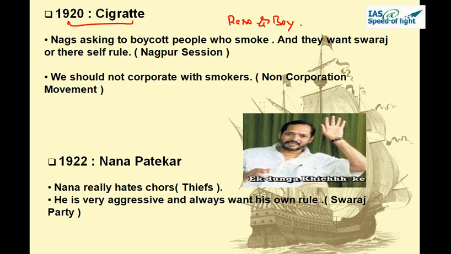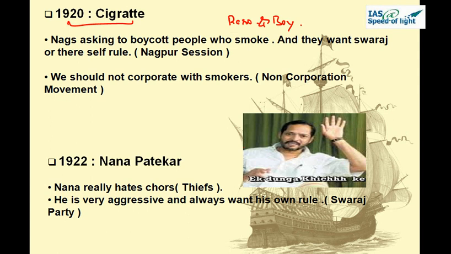So non-cooperation movement also we relate it with 1920, starting with 1920. So 1920 cigarette, snakes coming, Nagpur session of Congress, resolution demanding Swaraj and resolution of boycott, and also we see resolution of non-cooperation movement. We should not cooperate with the smokers.